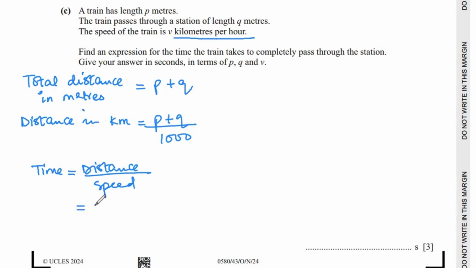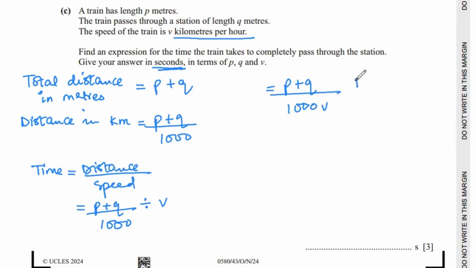Now distance over here is p plus q over 1000 and divided by v, which is the speed in kilometers per hour. They want it in seconds. So let's first simplify this. This would be p plus q over 1000 v in hours.